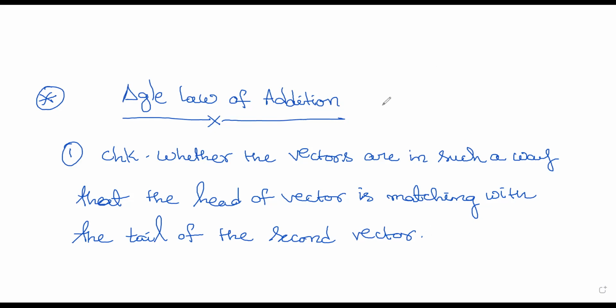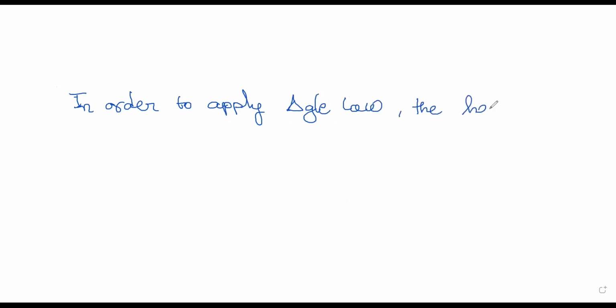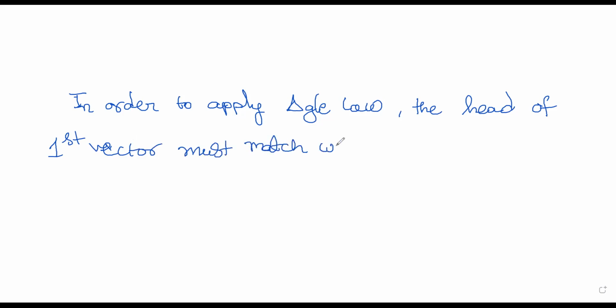So that is criterion one. In order to apply the triangle law, the first and foremost condition is that the head of the first vector must match with the tail of the second vector.